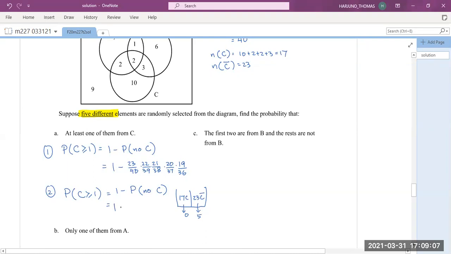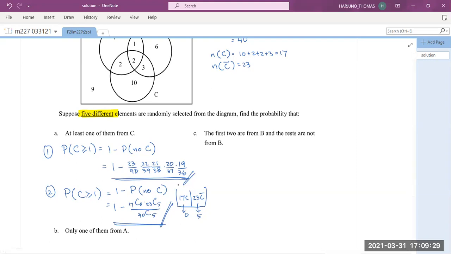That would be 1 minus 17 choose 0 times 23 choose 5 over 40 choose 5. Either one of them is okay. Both of these will give you the same answer.